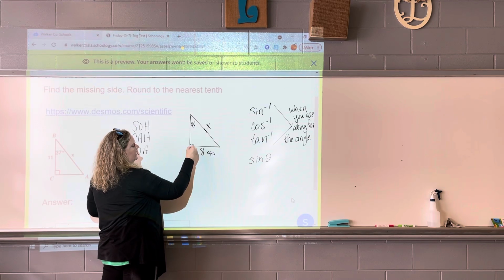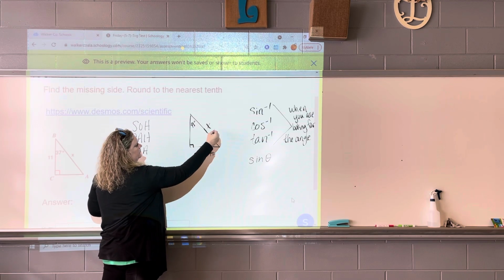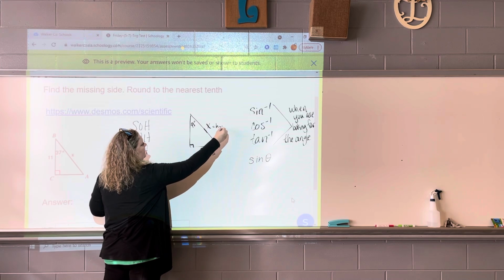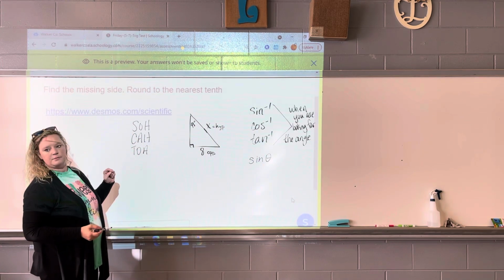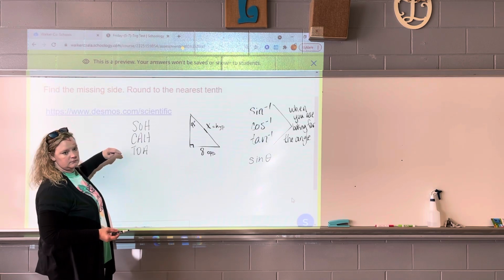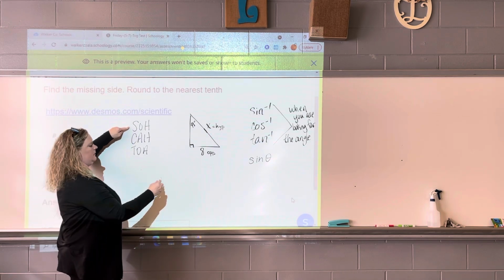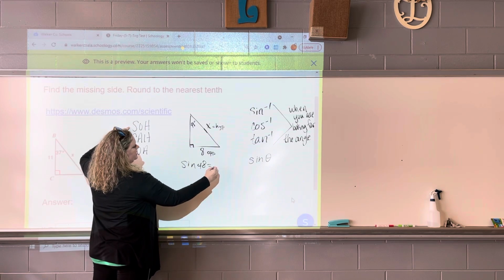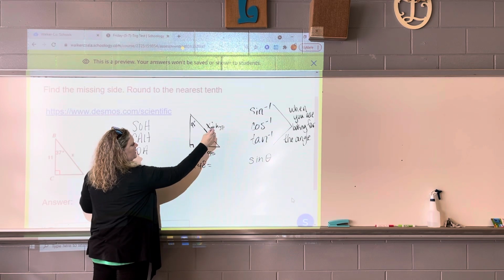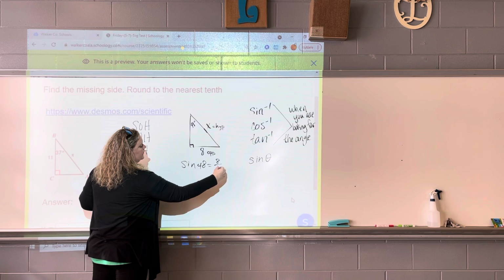It's across from the right angle. It's the longest side. That's the hypotenuse, right? So which trig function uses O and H? The sine. So sine of my angle, which is 48, is equal to opposite over hypotenuse, so 8 over x.